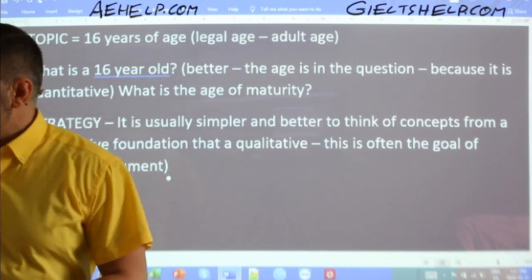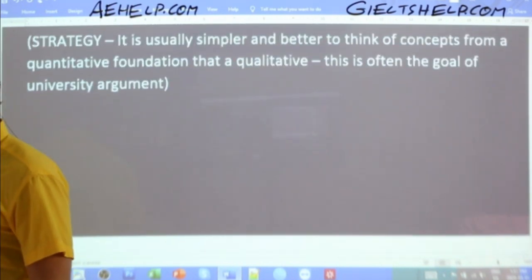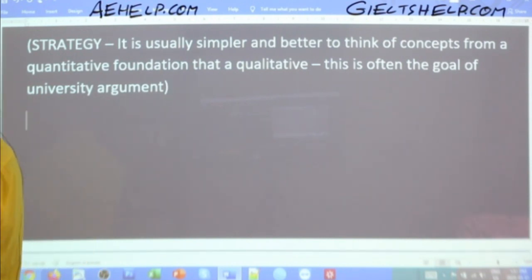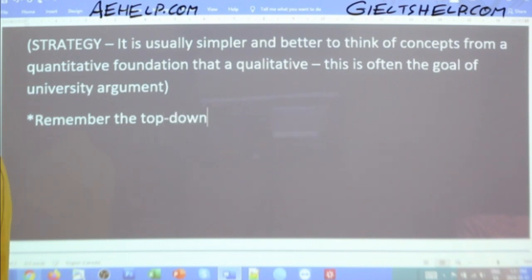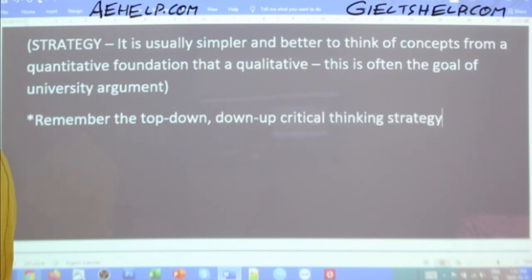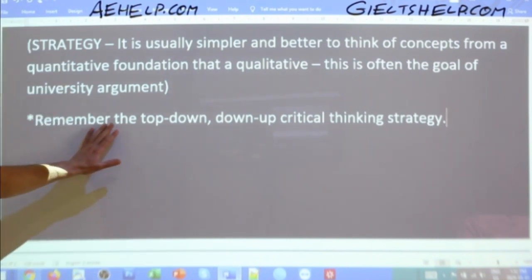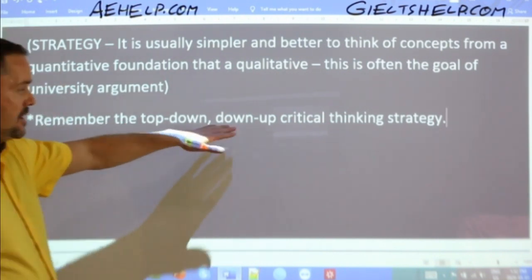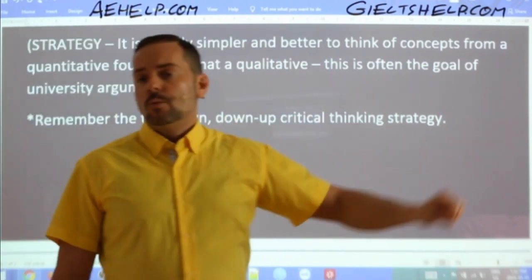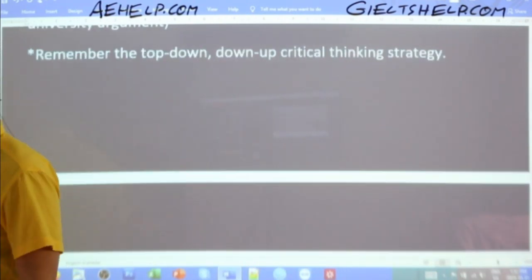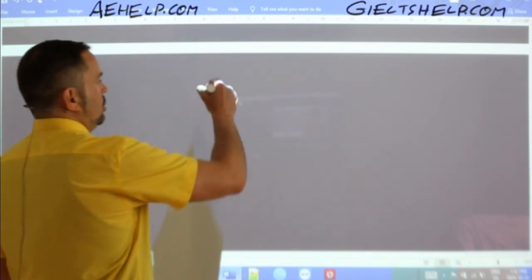So remember what I said in the past, the top-down, down-up strategy? Does anybody remember that? I think some of you have learned this from me, the top-down, down-up critical thinking strategy, where you can think about the age of maturity. So you can think general, right?